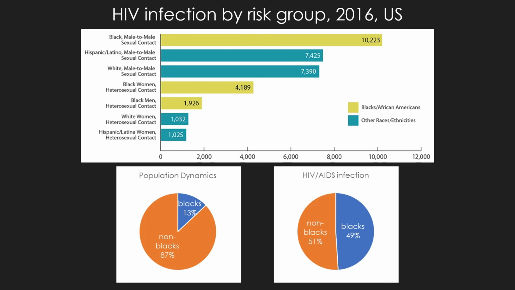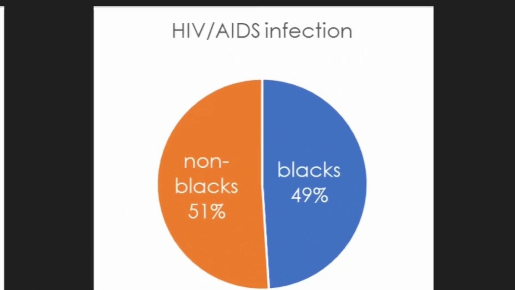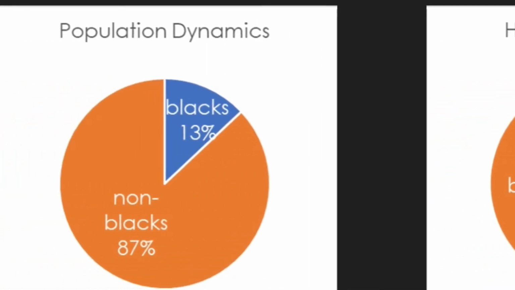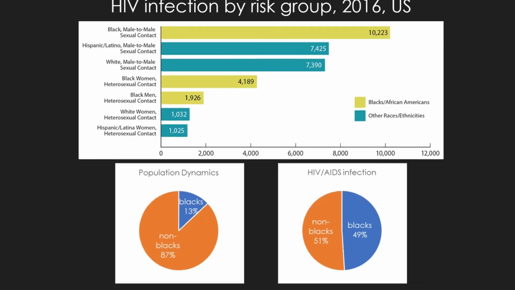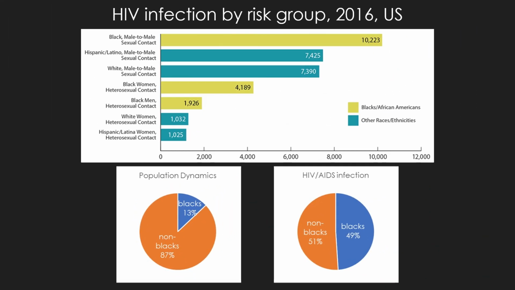So overall, Blacks account for almost half of all HIV and AIDS infections in the United States, although they account for only 13% of the total population. So it's not clear why that's the case, whether there's some sort of genetic predisposition or some other factor.